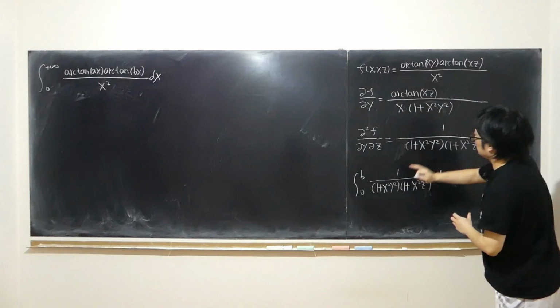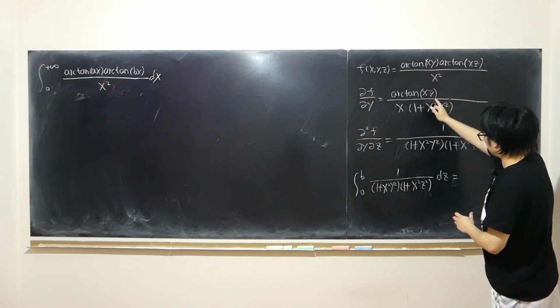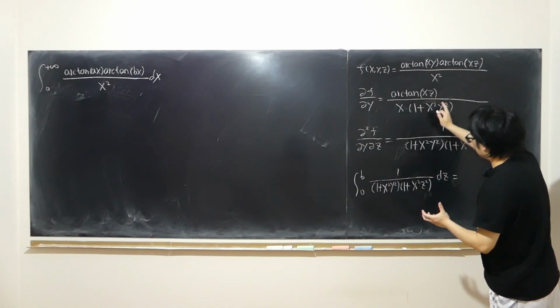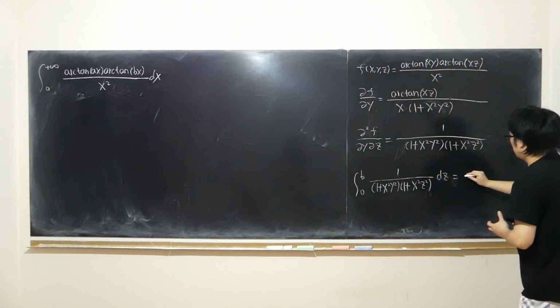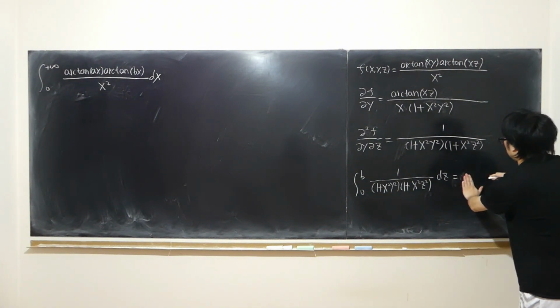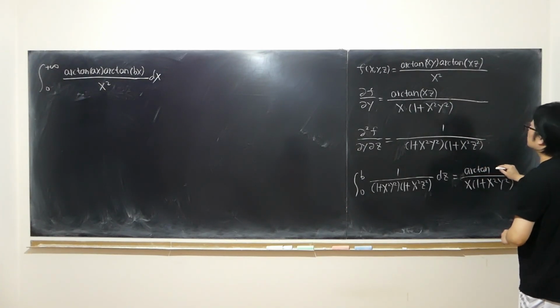Then you plug b into z, then you plug 0 into z. So arctangent 0 is just 0. So all you have to do is to replace z with b and use this one: x over 1 plus x squared y squared, times arctangent bx.